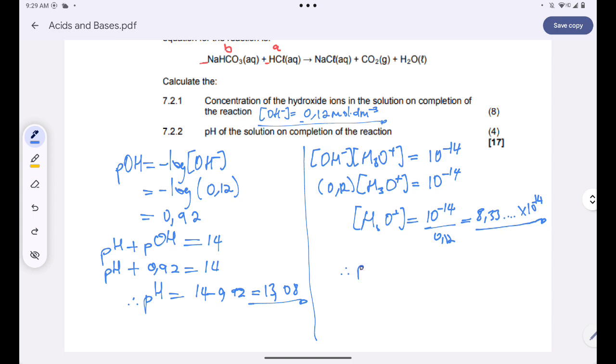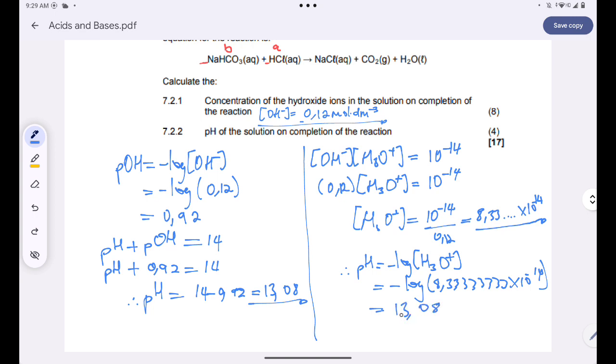So therefore the pH of my solution is negative log of the concentration of the H3O plus, negative log of 8.333 times 10 to the negative 14. What do I get? Negative log of the answer. I simply get 13.08 as well. So it's up to you guys, which one do you prefer?